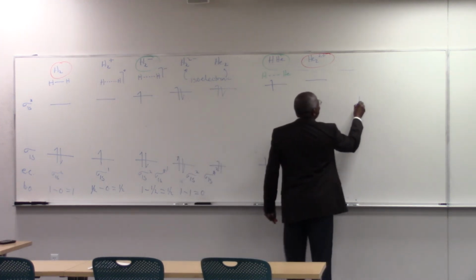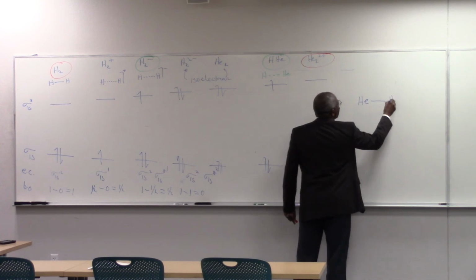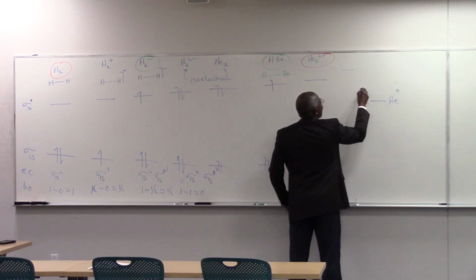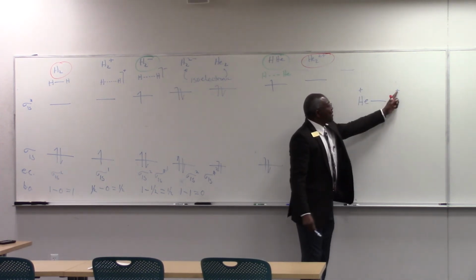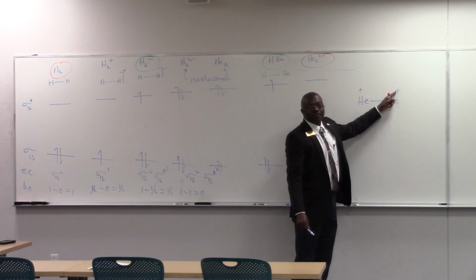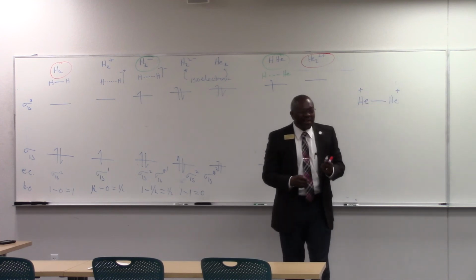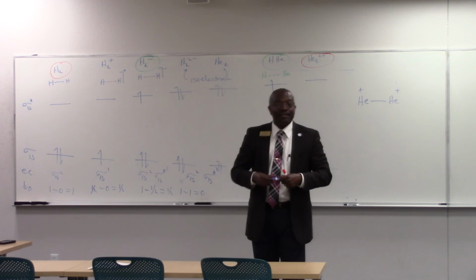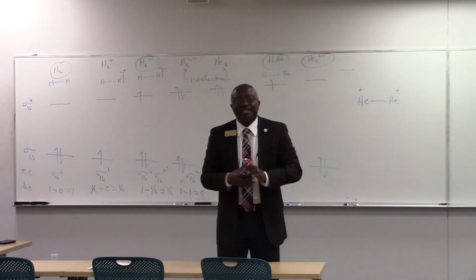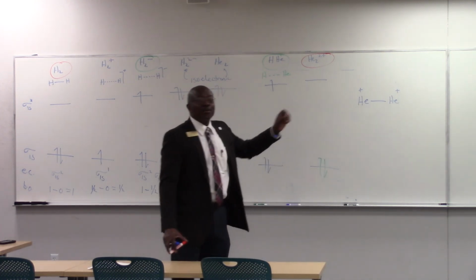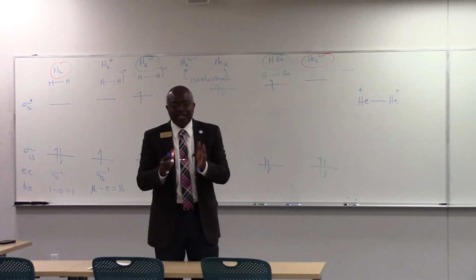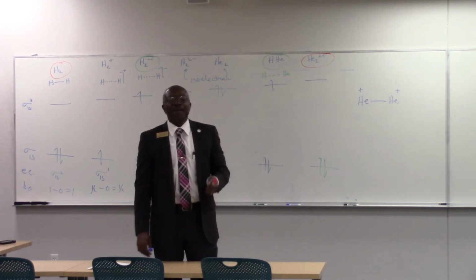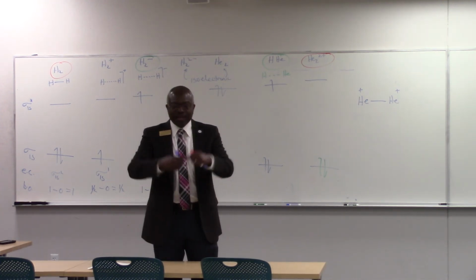Well, for heaven's sake, if I draw it out as He with a 2 plus charge, what that means is there is massive repulsion. So even though in theory the bond order is unity and the species could potentially exist, the repulsion between those positive charges on adjacent atoms is going to be massive, and that thing will fly apart.